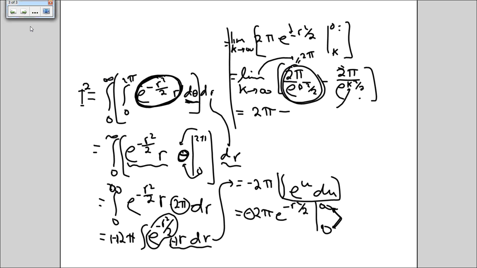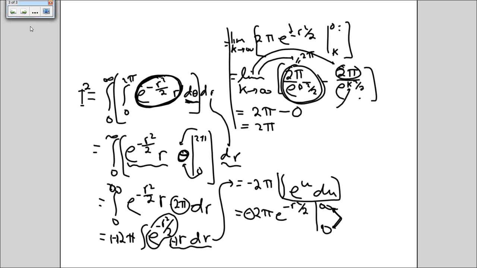Infinity squared is really large. Divided by 2, it's still very large. e to the very large is very large. 2.718 times itself time and time again is very, very large. And if you just have 2 pi and you divide it by something very, very large, you get 0.